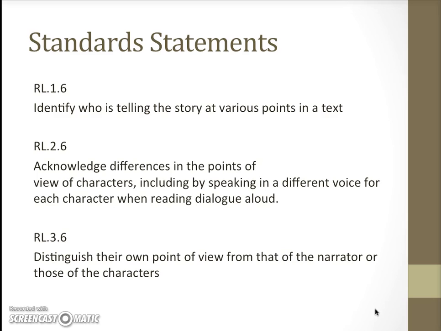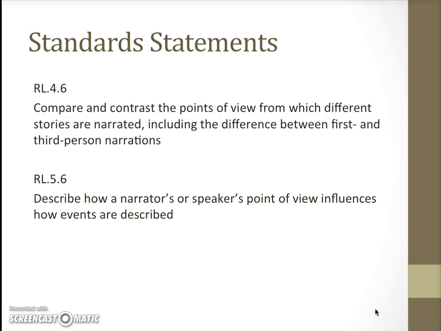By 3rd grade, they're being able to understand that how they think about something might be different from how a character or a narrator in a story thinks about it. 4th grade, we're comparing and contrasting those points of view in which different stories are narrated.